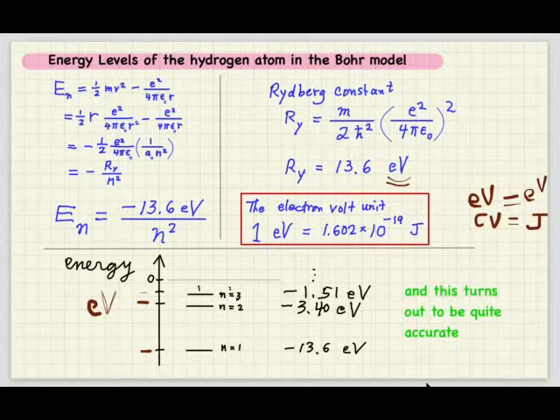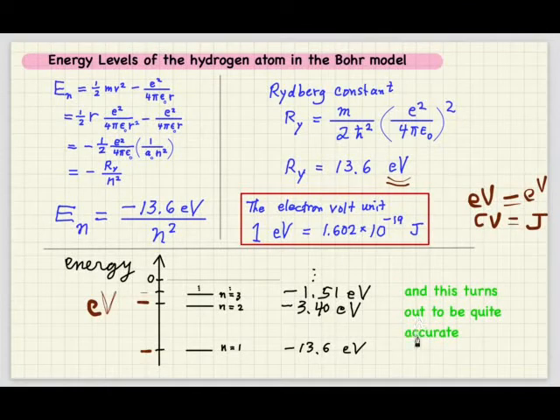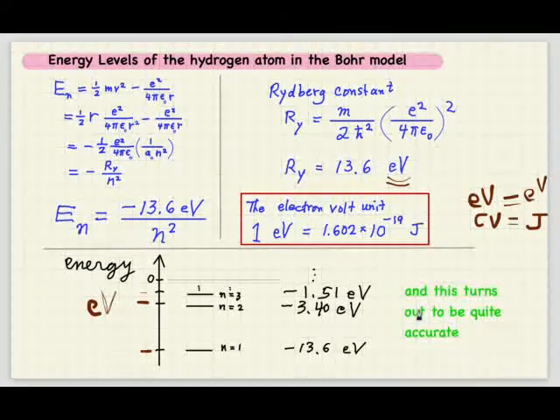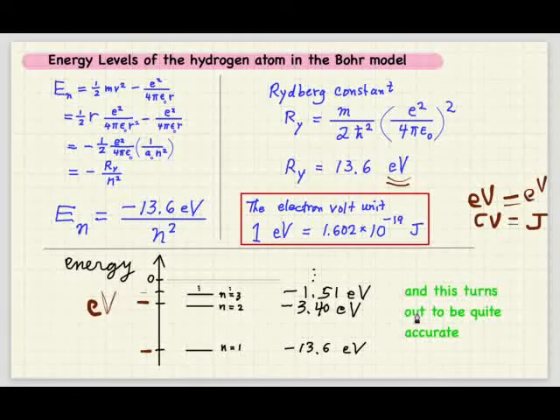And this turns out to be quite accurate. Although the Bohr model became obsolete when the wave theory of electrons was developed some years later, about 15 years later, until that time the Bohr model was the best theory for the energy levels of atoms, and it turns out to be quite accurate for hydrogen and for ions in which there's only one electron.